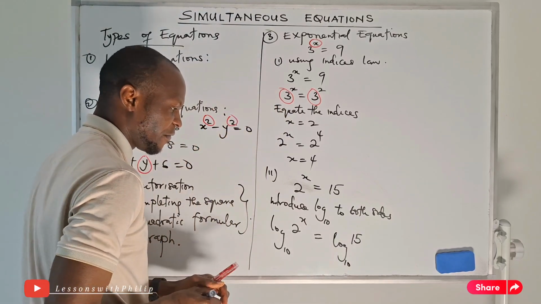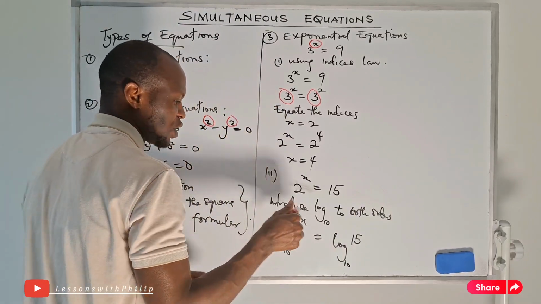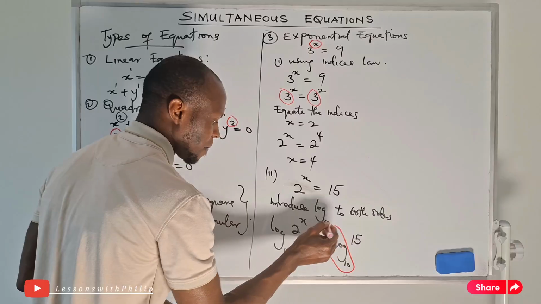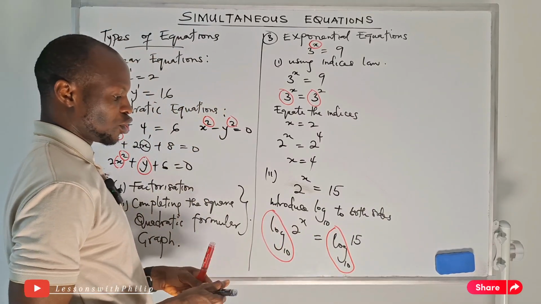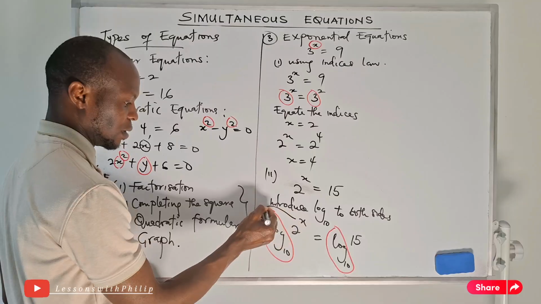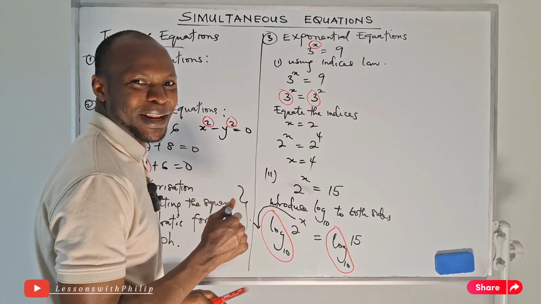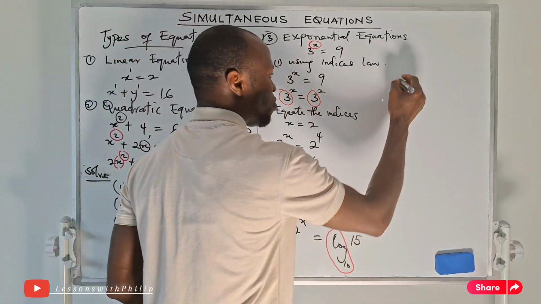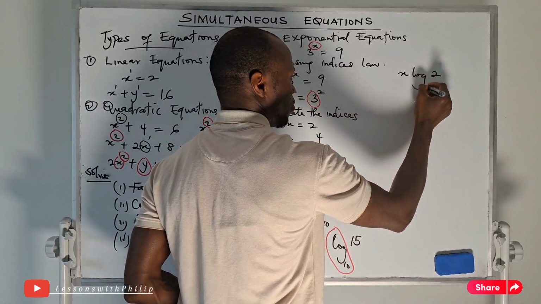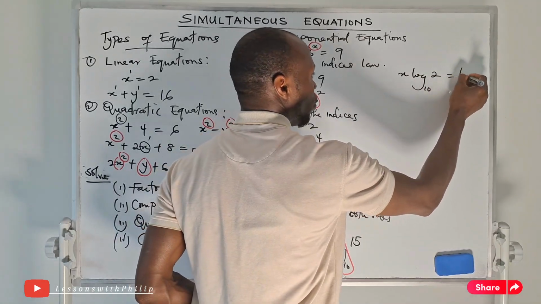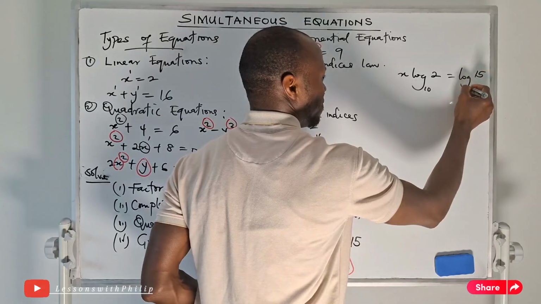The only thing that has changed from the equation is this. Okay? All right? Then the next thing you need to do is bring your x to the front. That is another law of logarithm. So we now have x log 2 base 10 equals log 15 base 10.